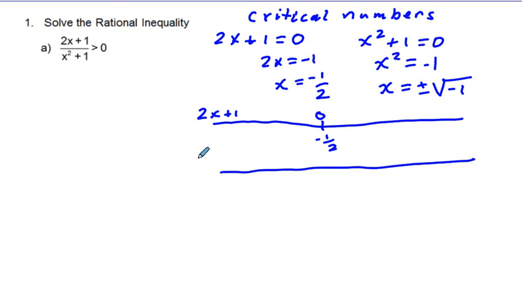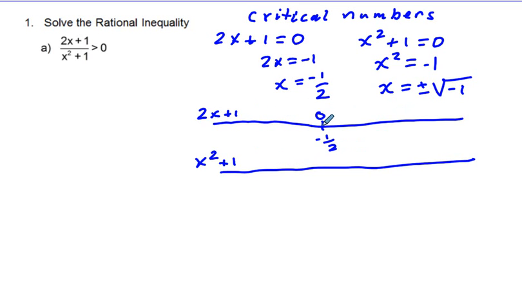And then for the denominator, we can put x squared plus 1 down here. Basically, this 0 in the numerator breaks up our number line between less than negative 1/2, 0, and greater than negative 1/2.